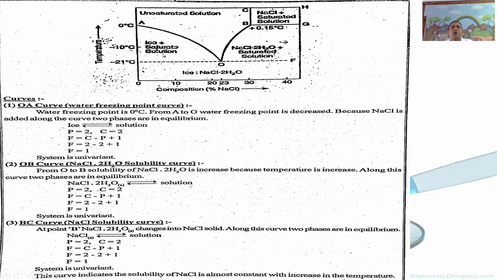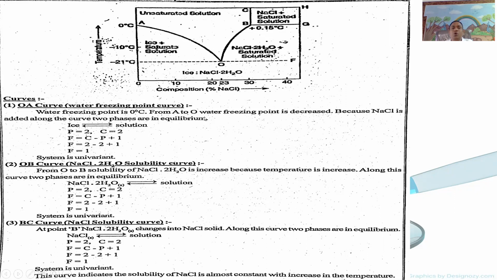Here in the phase diagram, there are curves OA and OB. OA curve is the water freezing point curve. Then OB curve is the saturated solution curve, the solubility curve. First, OA curve, water freezing point curve. Water freezing point is 0 degree centigrade.